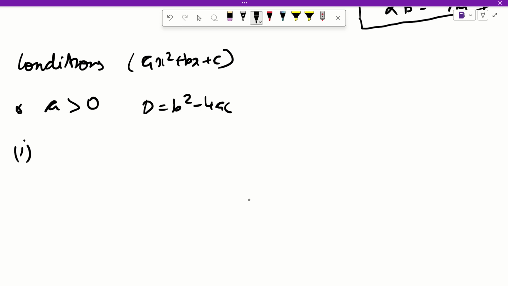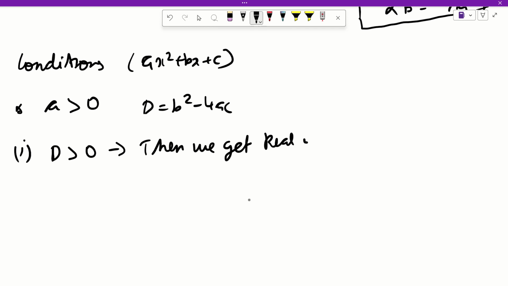Okay. If D is greater than 0, then we get a real and distinct root. That is, alpha will not be equal to beta.